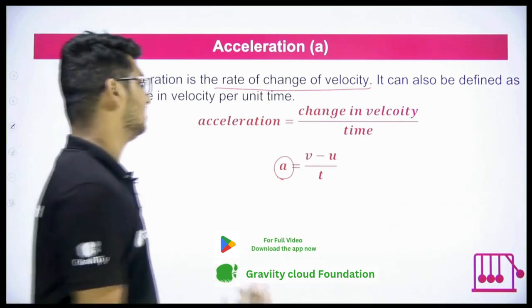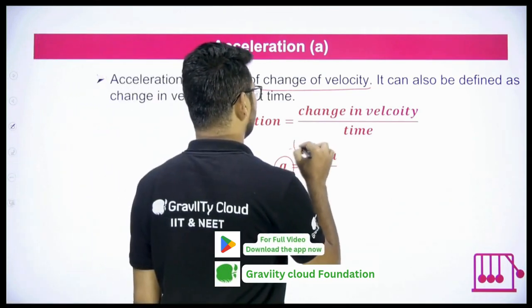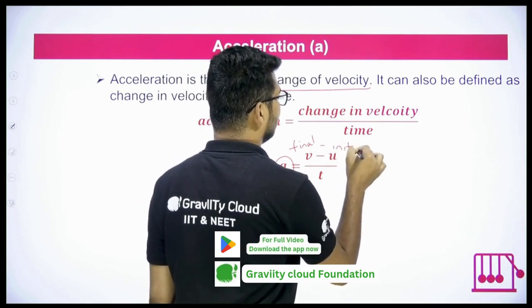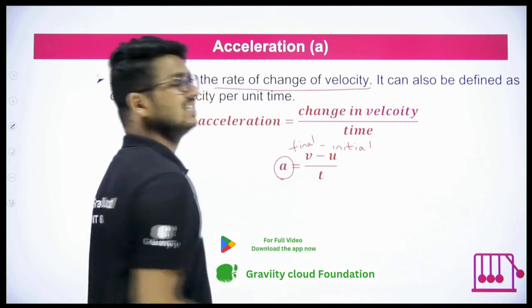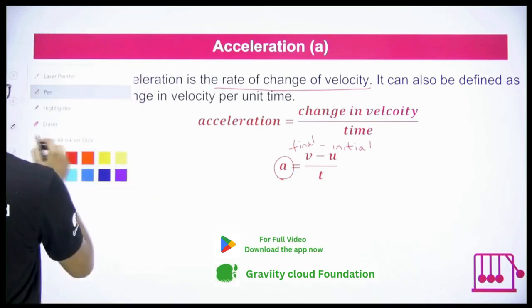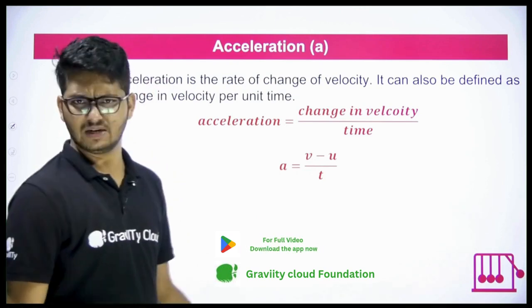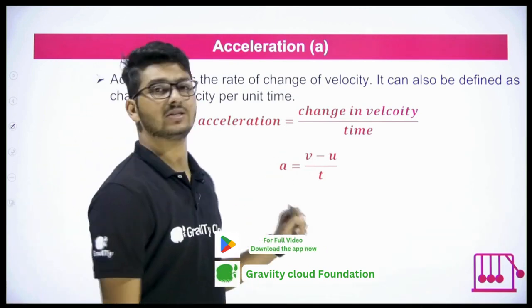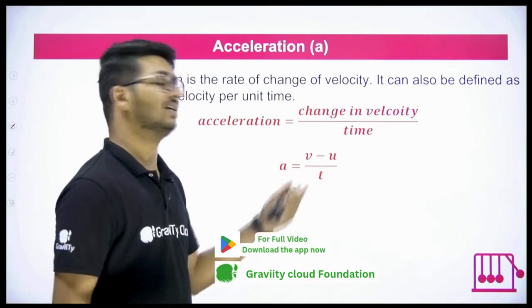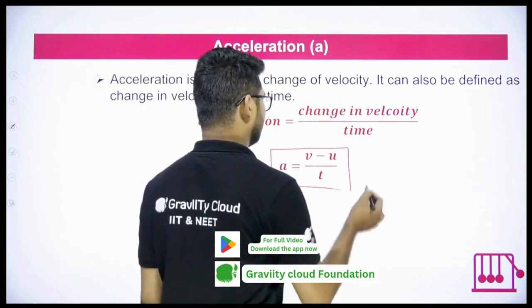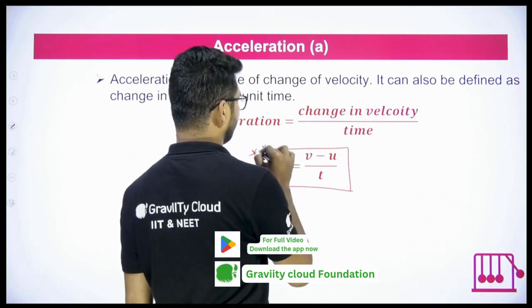When we say change in velocity, it is final minus initial velocity. So a is equal to v minus u by t. V is final velocity, u is initial velocity, and t is time. This is the formula. Please remember, this is very important.